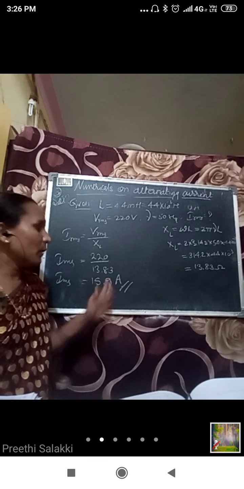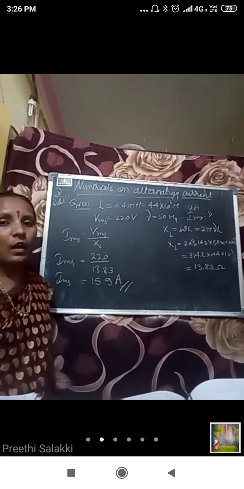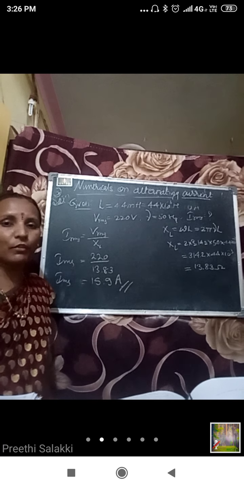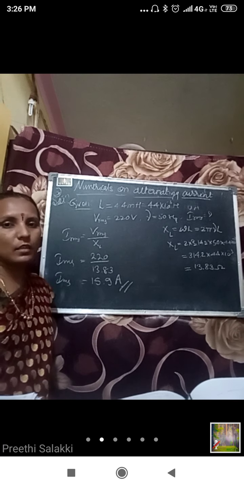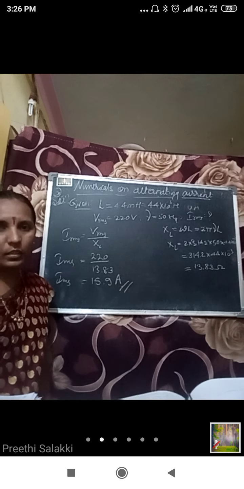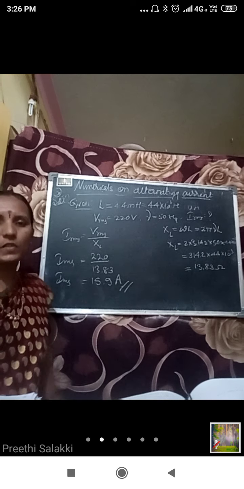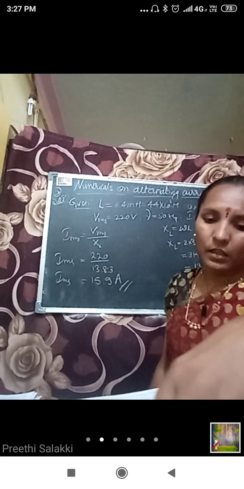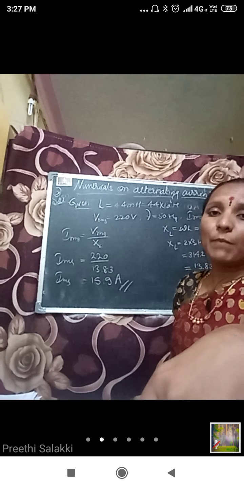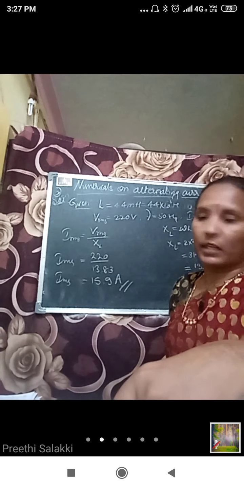I will not drop this, and I will give you the next question as your classwork. Do it in 3 to 4 minutes, maximum 5 minutes. The question is, a 60 microfarad capacitor is connected.